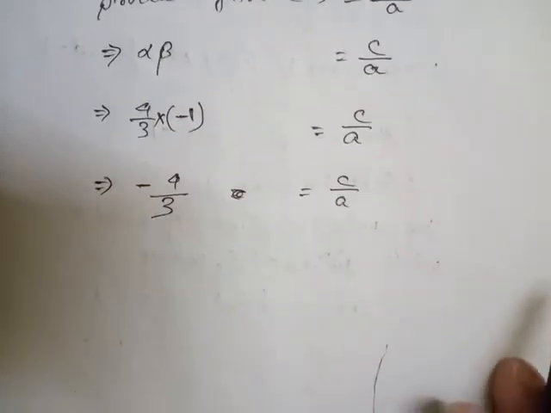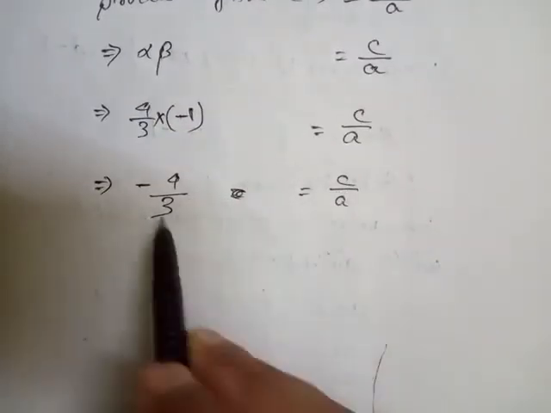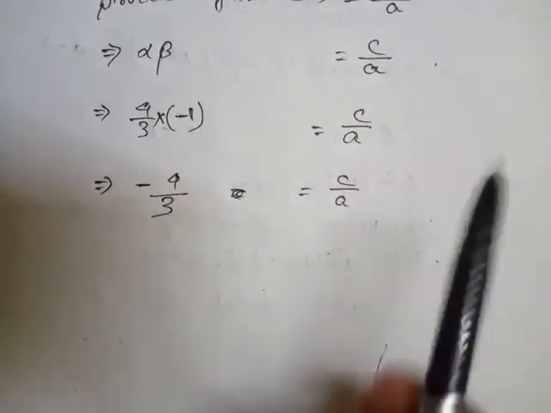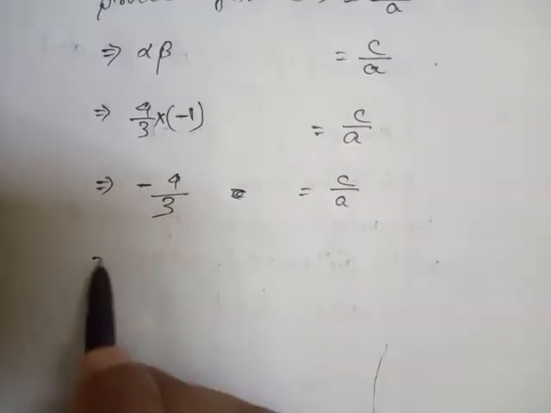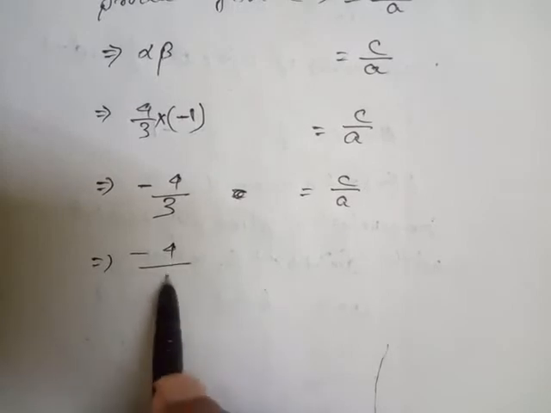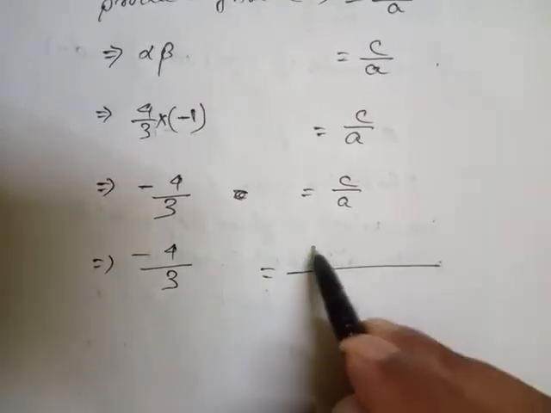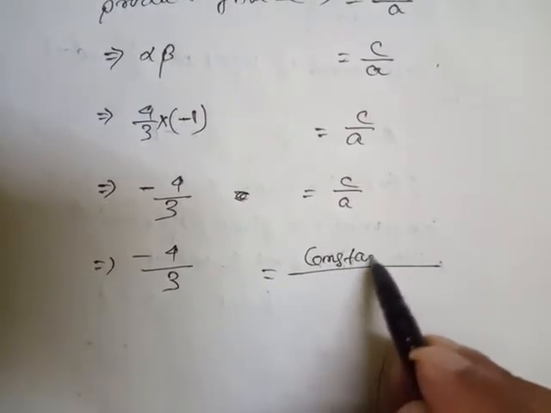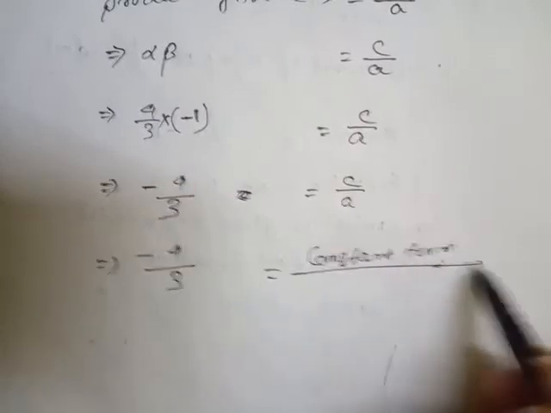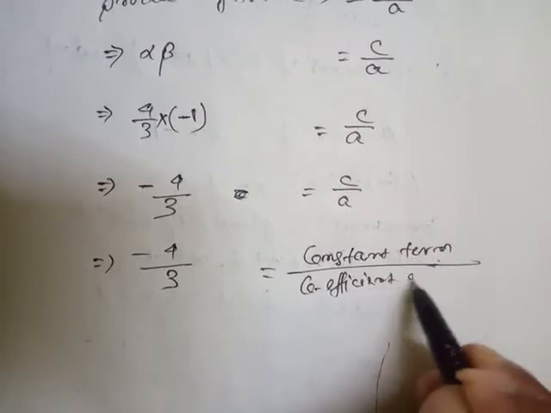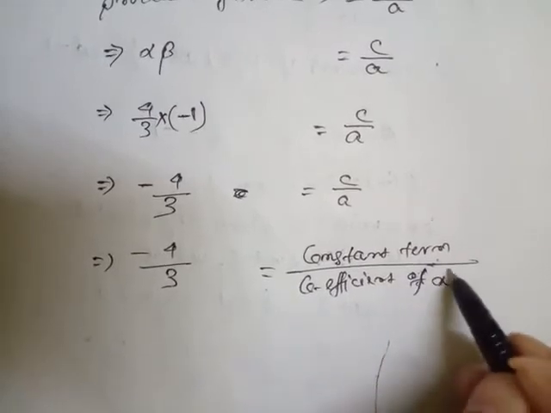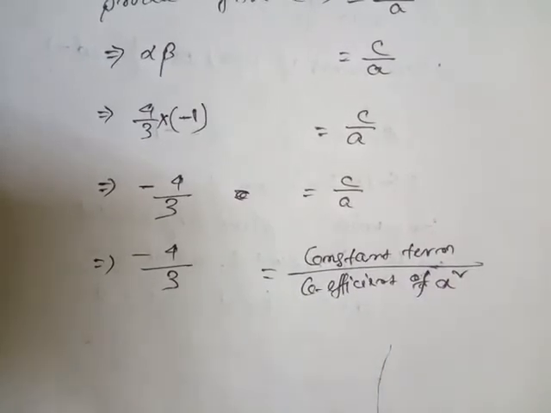Now look after that, here c is minus 4, a is 3, which satisfies the given polynomial. So we can write here that minus 4 by 3 equal to constant term by coefficient of x square. This is the answer of the given question.